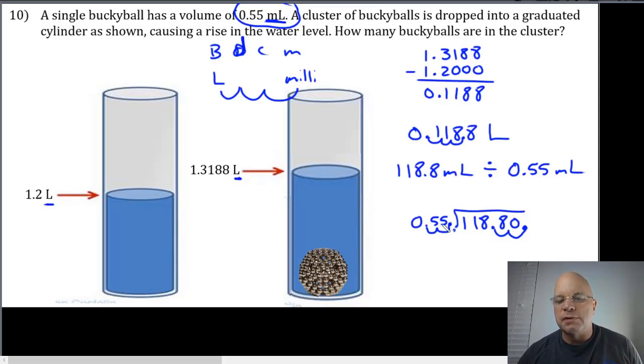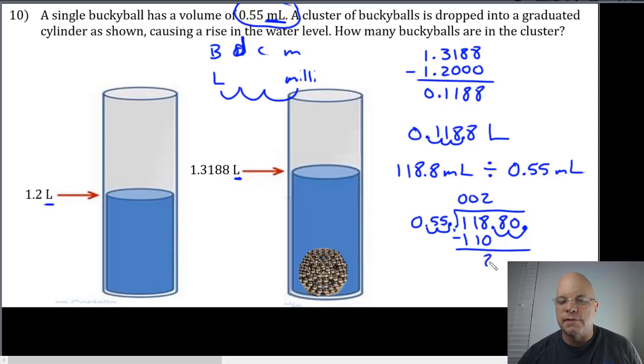Now we can ask how many 55s are in 1? 0. How many 55s are in 11? 0. How many 55s are in 118? Well, 50 doubled is 100, so maybe 2 55s will fit in 118. 55 times 2 is 100 plus 10, so 110, so that's great. 2 55s is 110.